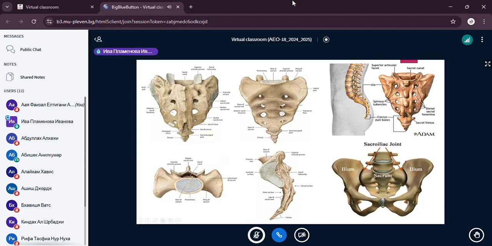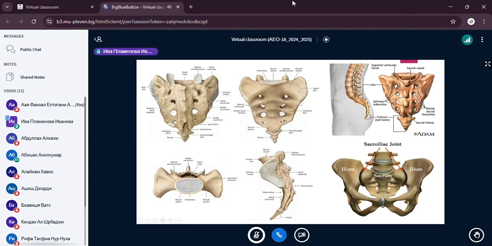And if you imagine that here is the body, and these are the vertebral arch, here should be the sacral canal. It's the same as the vertebral canal. That's why this is the continuation of it. But here we don't have spinal cord, only the terminal filaments.